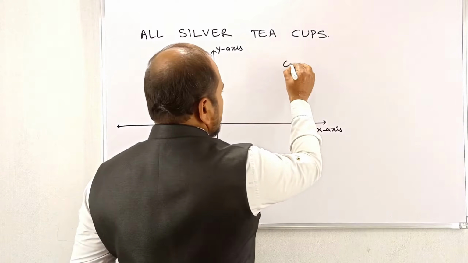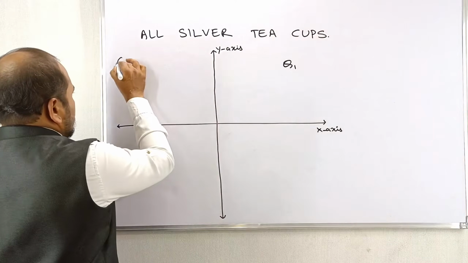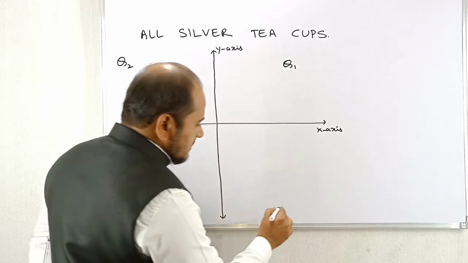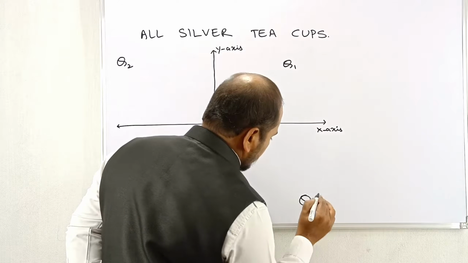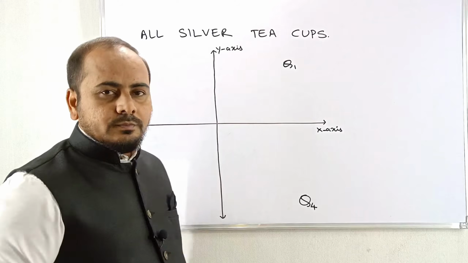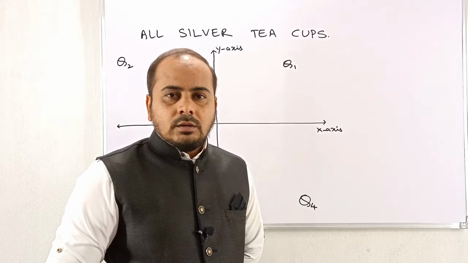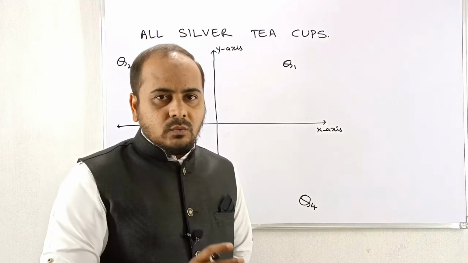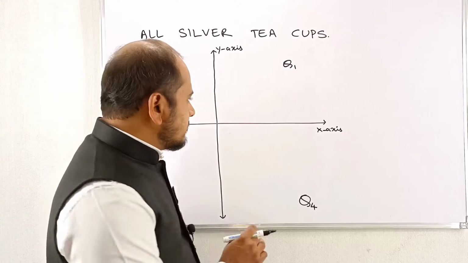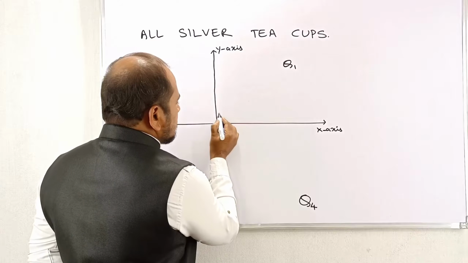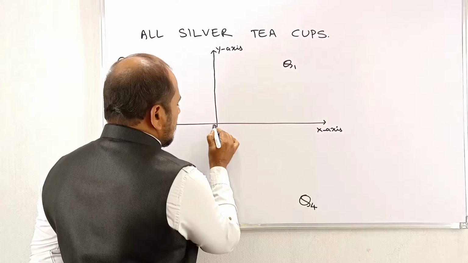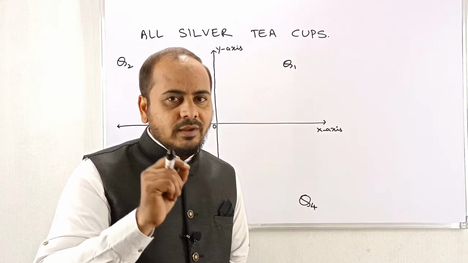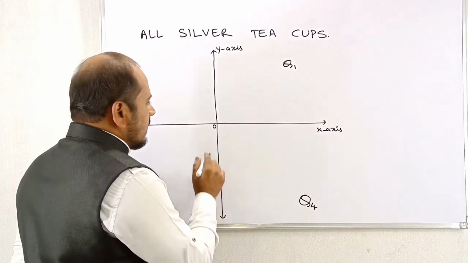This is called quadrant 1, this is quadrant 2, this is quadrant 3, and you can take this one as quadrant 4. So two axes divide a plane into four equal parts. Assume that this is O, the origin, the intersecting point of x and y axis.